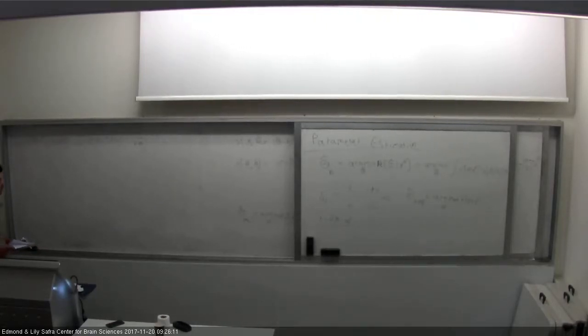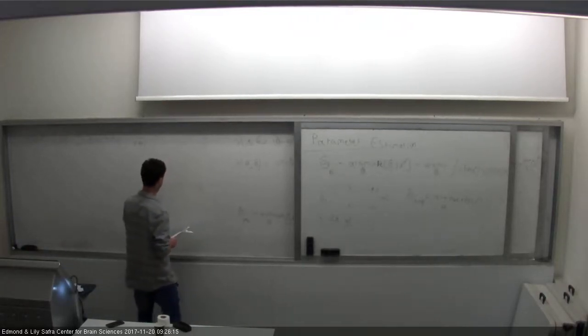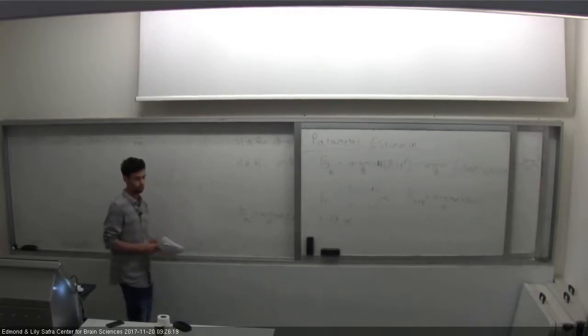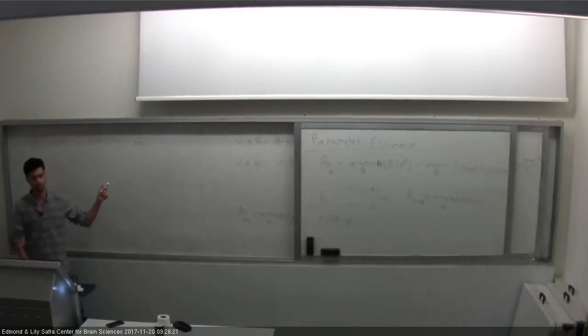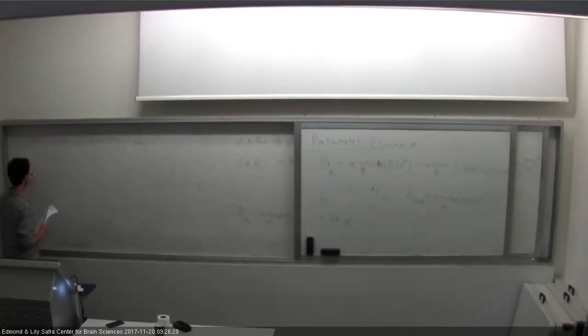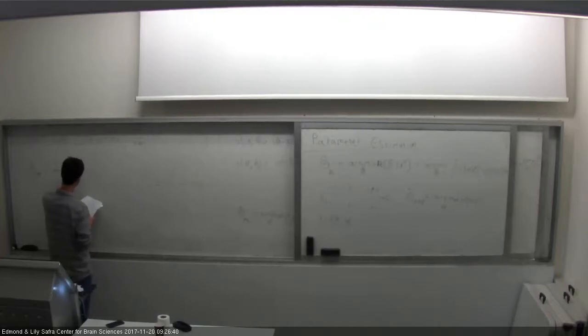Right. So if we have a Gaussian distribution, where does it get the maximum? Right. So the MAP estimator is 1 over n plus 1, sum over xi plus mu 0.